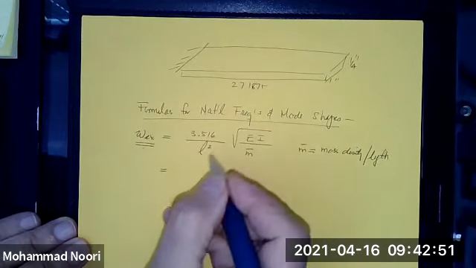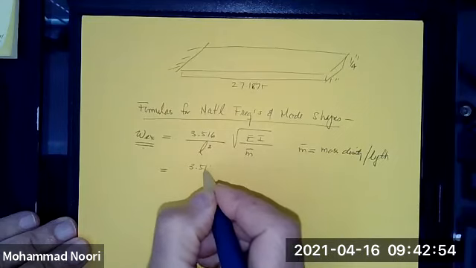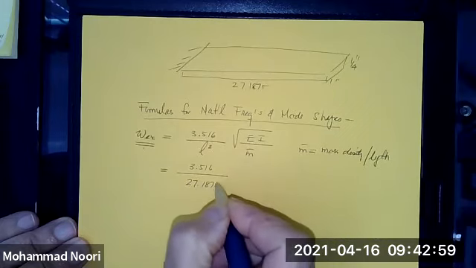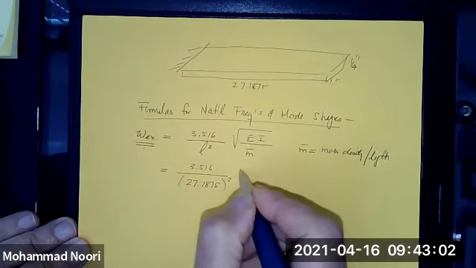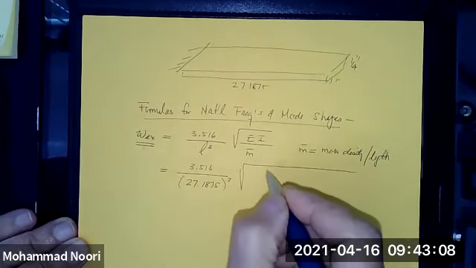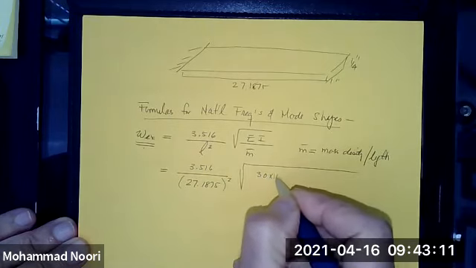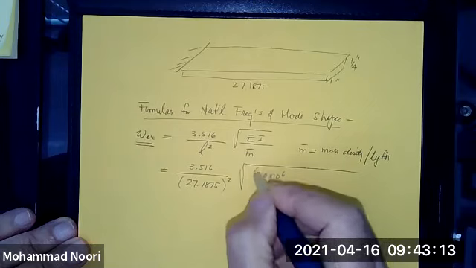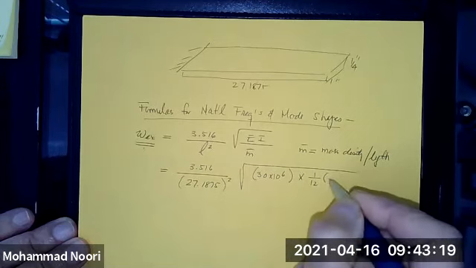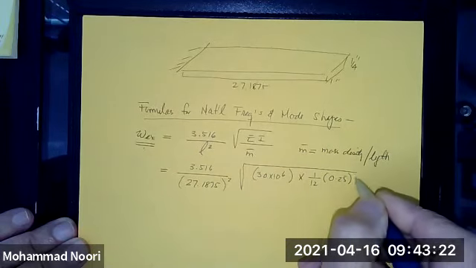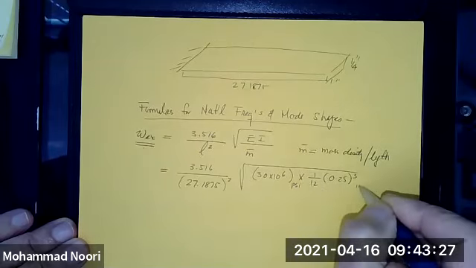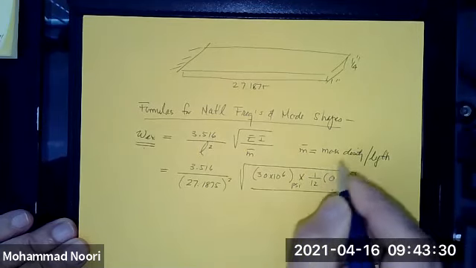So let's demonstrate that for this beam. If you use this formula, you have 3.516. Length was given as 27.1875 inches, squared. So all units should be in inch. E was 30 times 10 to the 6 pounds per square inch. I was 1 over 12 times 0.25 inch to the 4th. So this is PSI, this is inch to the 4, divided by this.